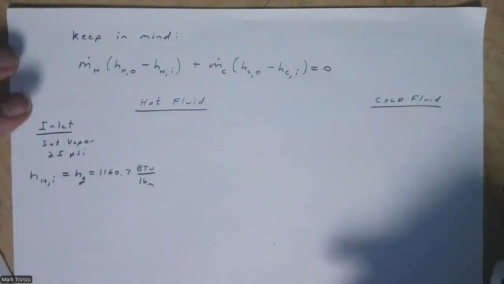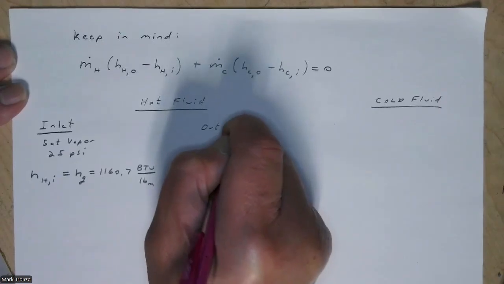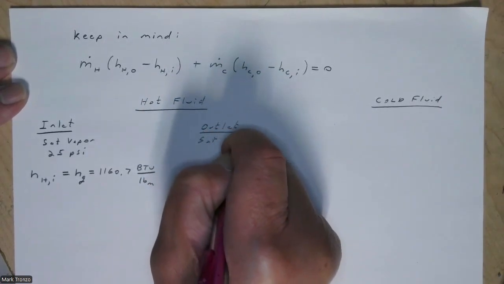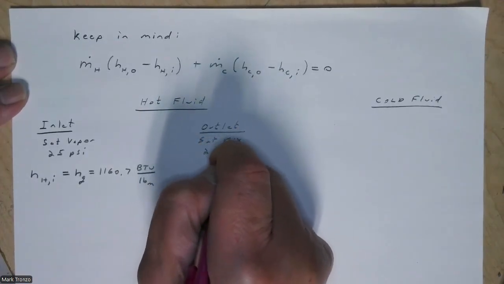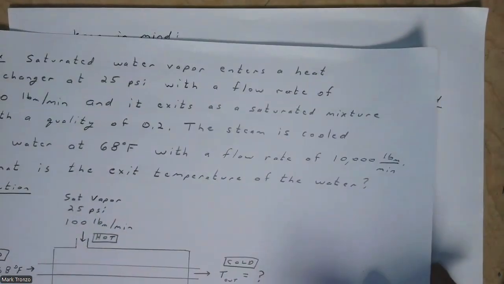So then let's go to our hot fluid outlet. And that's a saturated mixture, 25 psi. And what did we say our quality was? 0.2.